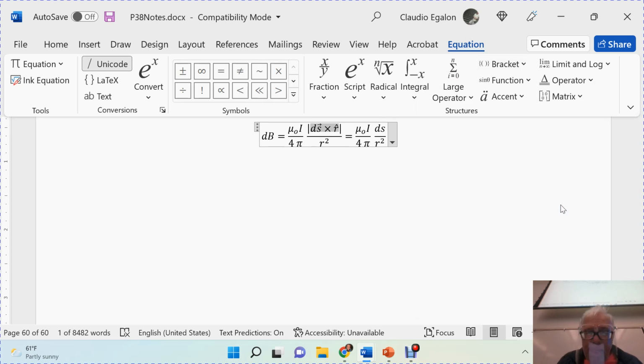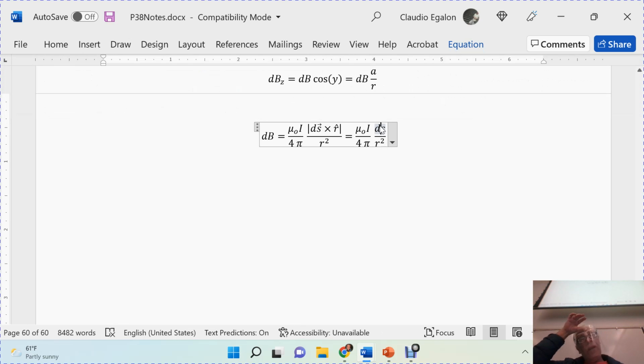Now the r cannot be replaced by a, because your r is going to change as you go higher and higher along the z-axis. We have to keep the r in there, and we integrate on the s. We integrate on the circle of the loop.